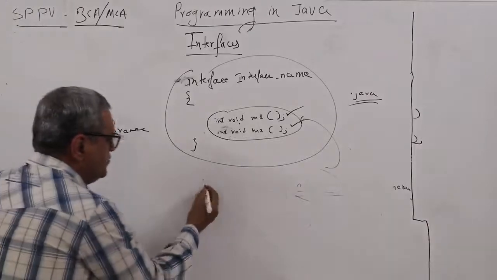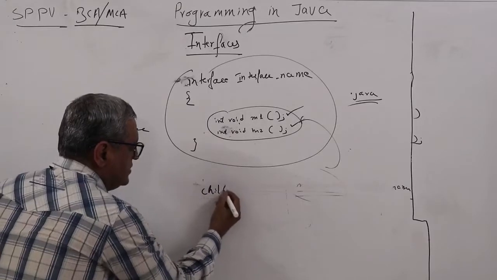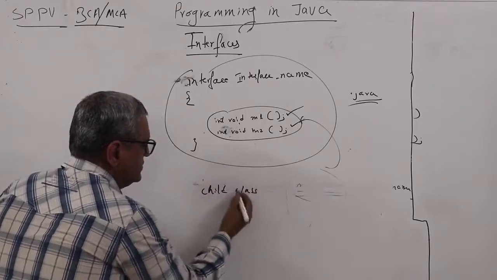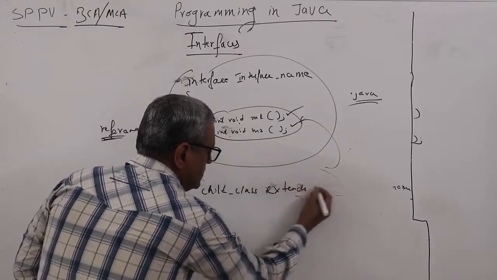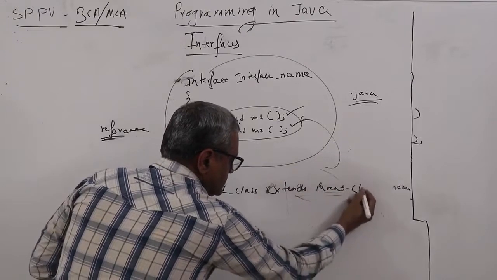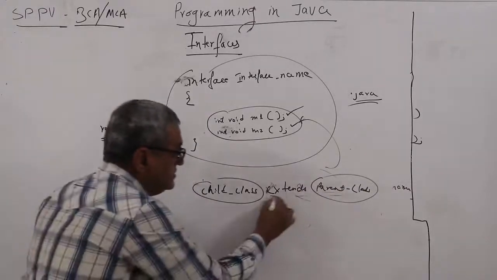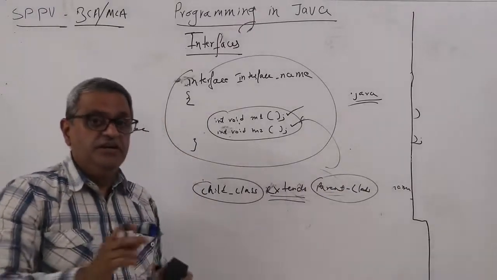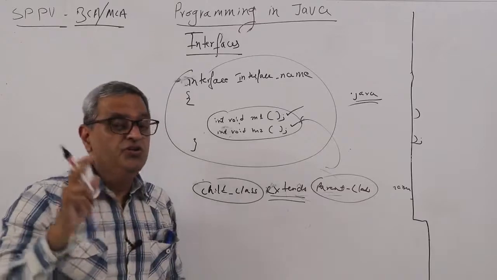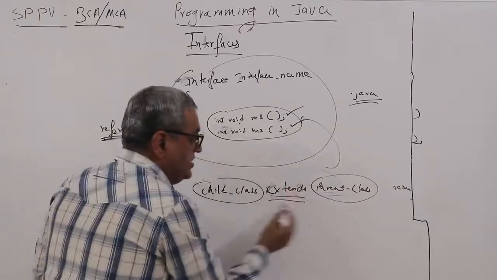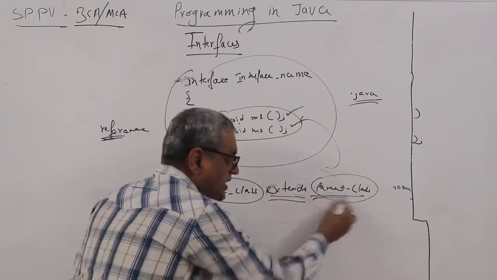So you have, say, child class extends parent class name. We have seen inheritance in detail. If you have not watched that video, please go and see the inheritance video to get your concepts clear. In inheritance you can only inherit from one parent class at a time.